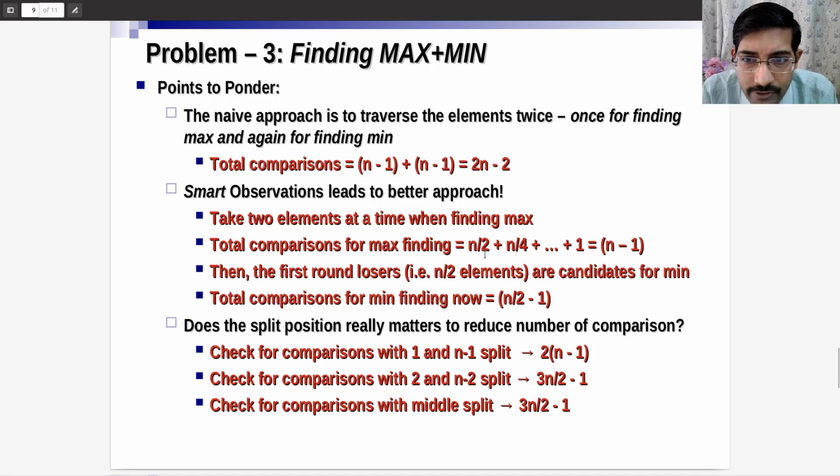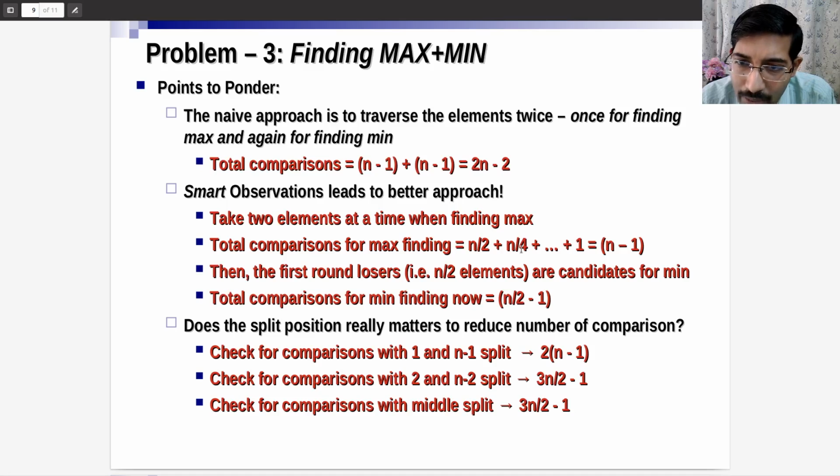So after n by 2 comparisons, I get n by 2 maximum element candidates to compare again in the next level. Then I go on comparing with n by 4 comparisons, then again n by 8.